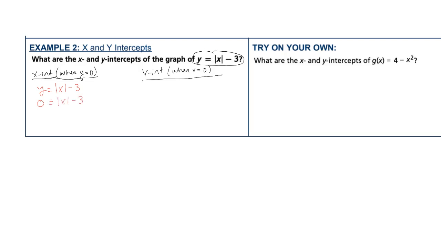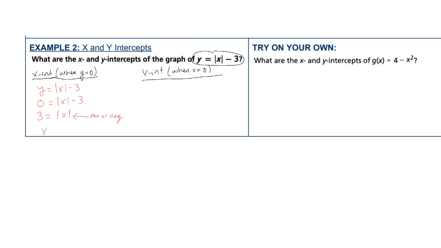So I'm going to add 3 to the other side. The absolute value of x equals 3. And now, remember, absolute value tells us that there's two possible answers. x can either be positive or negative and still get a result of positive 3.